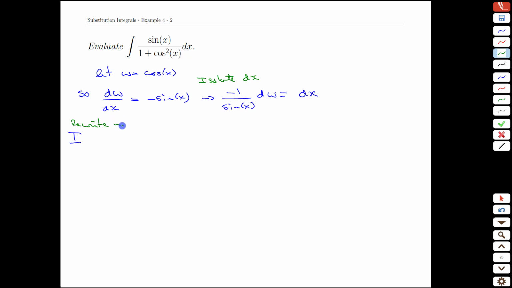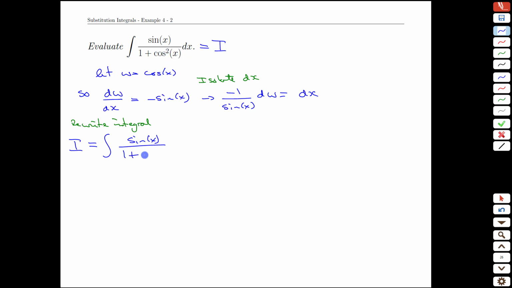And when we rewrite the integral, I find it helpful sometimes just to call the whole integral that we started with I. It means we don't have to recopy it down lower if that has been done. So our integral is this. We can replace what? Well, we pick w to be cos, so the sine will have to stay around. In the denominator, we had 1 plus cos squared.